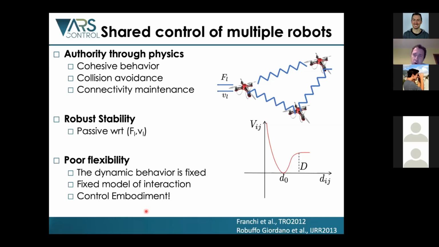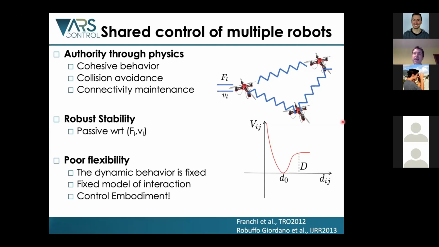Nonlinear springs characterized by specific storage functions, a specific potential energy. To make a long story short, this nonlinear energy guarantees a cohesive behavior, so all the robots stick together, let's say collision avoidance, and by using a slightly more complicated spring, also connectivity maintenance.